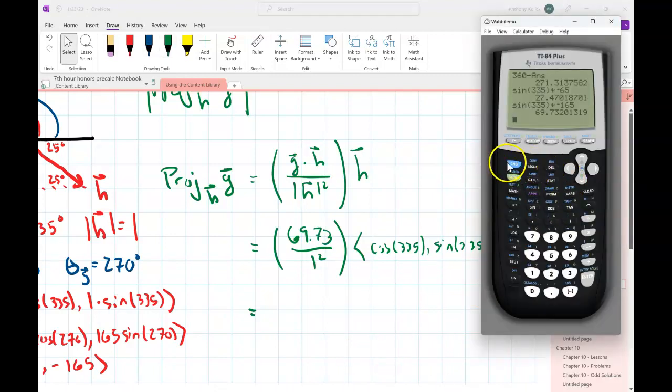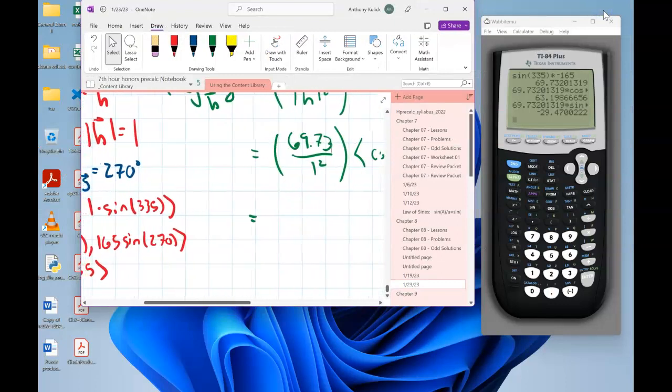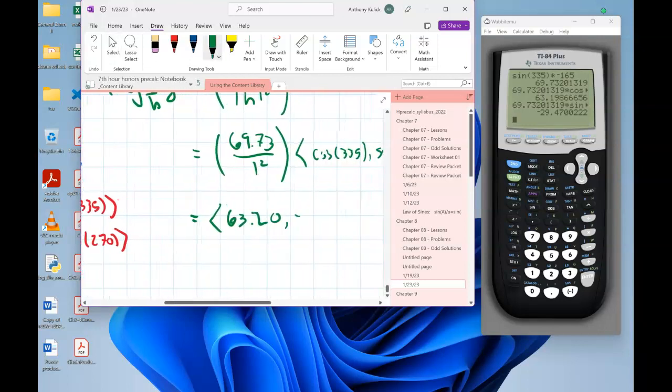All right, I got this times cosine 335, and then this times sine 335. So we have 63, 20, -29.47.